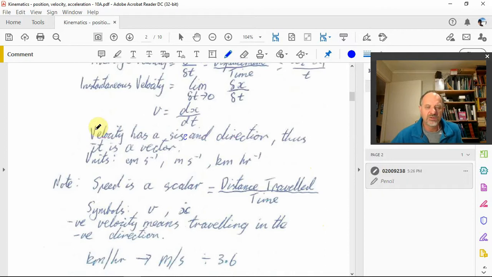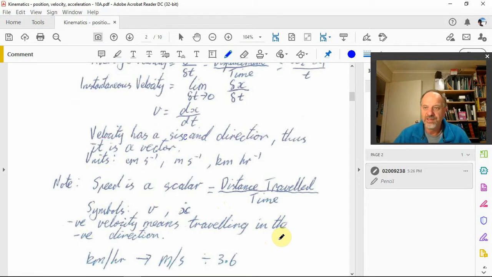So the symbol for velocity is v, of course. And sometimes you see x with a dot above it, and that is also velocity. A negative velocity, as it says there, means travelling in the negative direction, whatever that direction is determined to be.